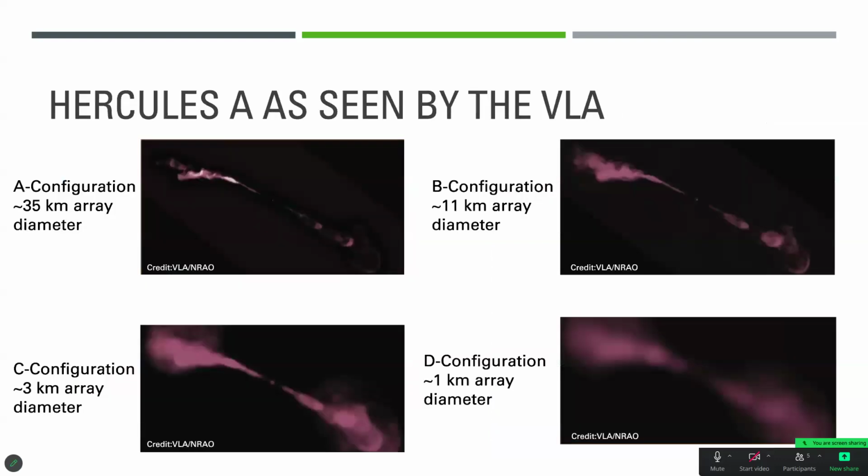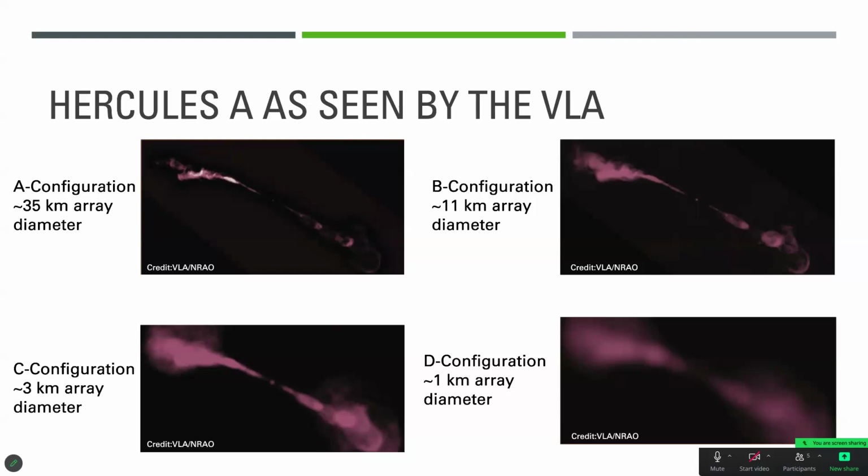So the VLA comes in 4 different configurations, ranging from 35 kilometers down to 1 kilometer in diameter. This is an image of Hercules A, the galaxy I showed you right at the beginning. This is with the biggest configuration. You'll see all those beautiful small scale features.